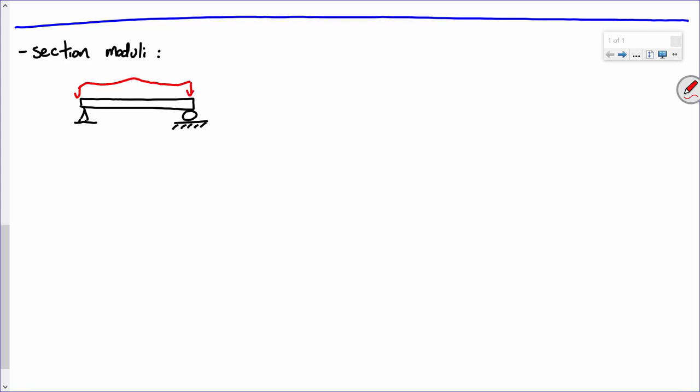Whatever. Okay? And then I take this beam, and I cut a section. And I want to take a look and really investigate that section. So if I look at that section, it doesn't matter if I look to the left or to the right. I'm sort of zooming in.